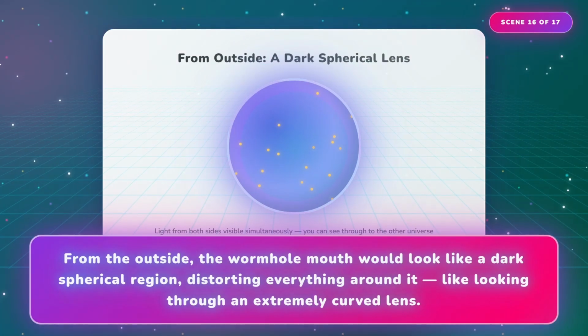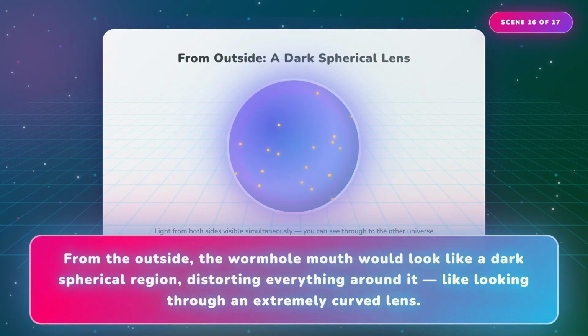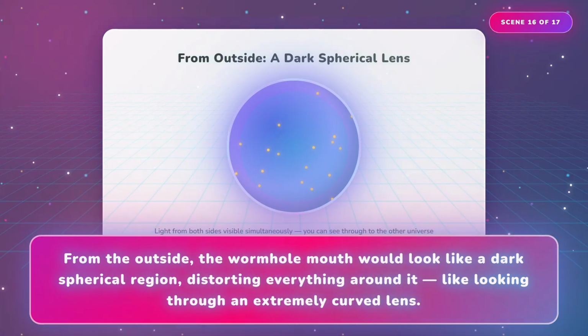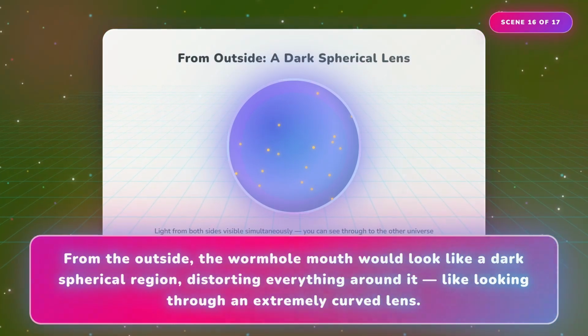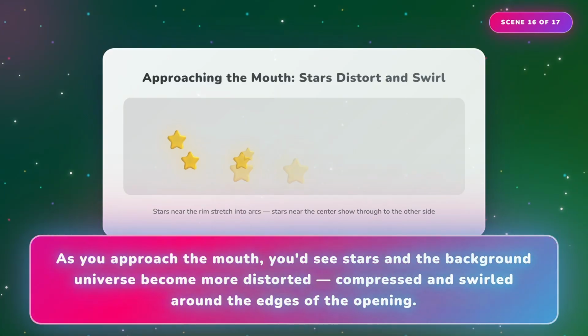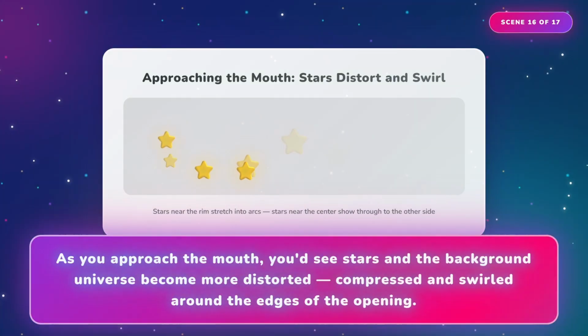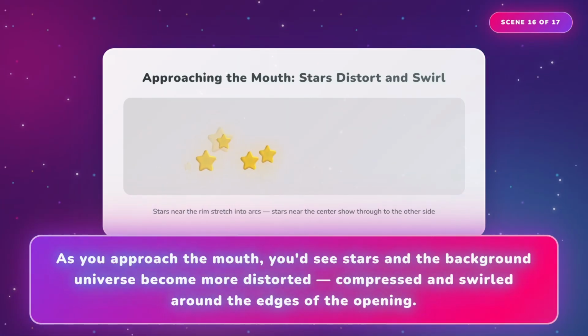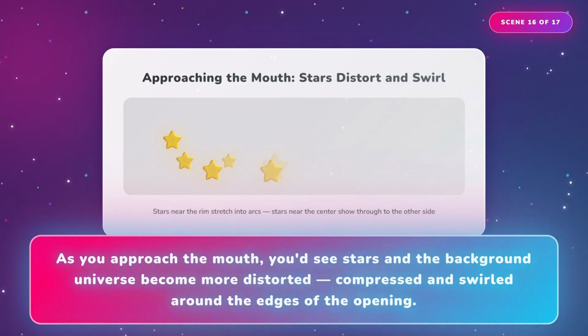From the outside, the wormhole mouth would look like a dark spherical region, distorting everything around it, like looking through an extremely curved lens. As you approach the mouth, you'd see stars and the background universe become more distorted, compressed and swirled around the edges of the opening.